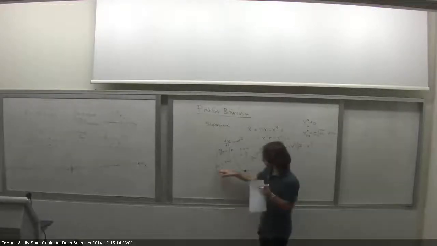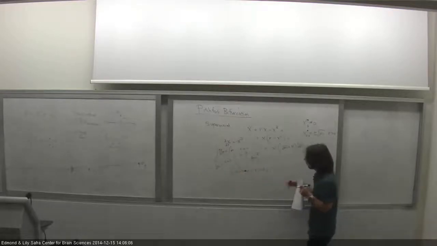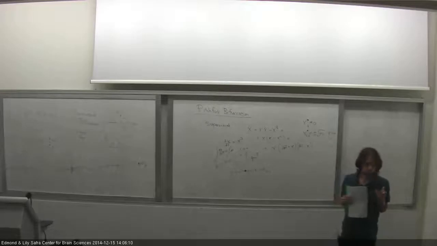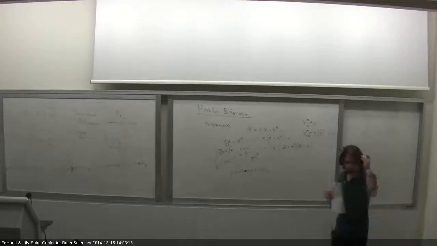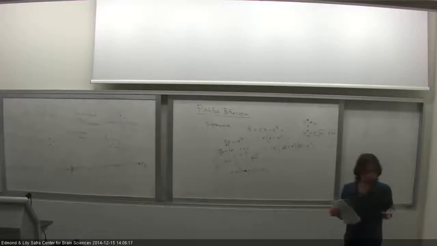And then when you solve for x, you will get something like this. So this is a slower decay than the exponential decay. Okay? Because the exponent is always the fastest function.